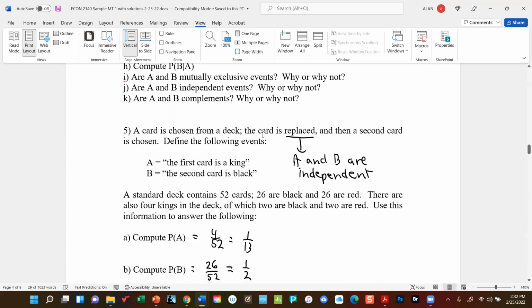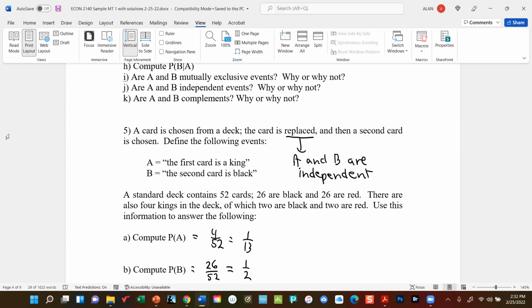And so in number 5, we can see that a card is chosen from a deck, and the card is replaced, and then a second card is chosen. So I've noted here that A and B are therefore independent events, because A represents the first card is a king, and B is the event that the second card is black.